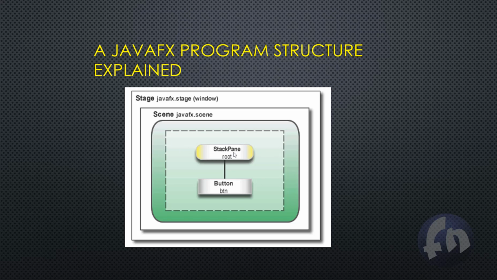Then under that anchor pane, or the stack pane, whichever you choose, you have the components. These are the buttons, the images, all those, and I'm going to explain those. It is very, very important that we understand the structure of this window.